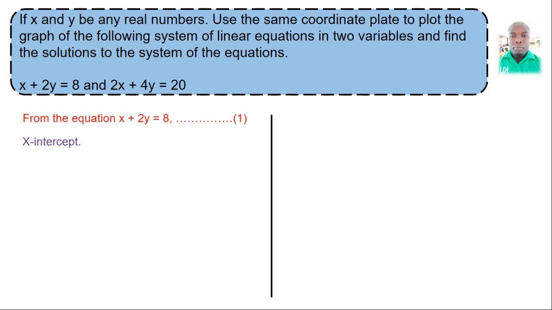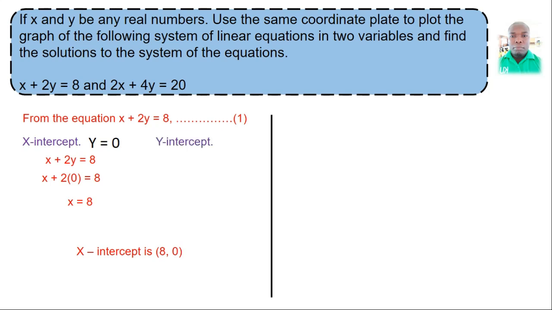Let us get the x-intercept of equation 1, and this means that y equals 0. In the equation x plus 2y equals 8, we will write 0 instead of y. Therefore, we have x plus 2 times 0 equals 8, and therefore x equals 8. The x-intercept will be (8, 0).